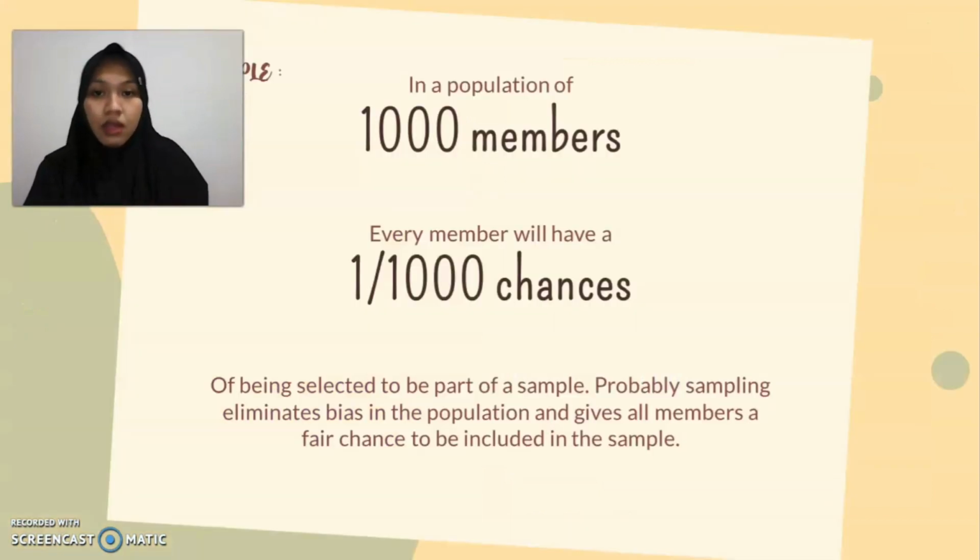For example, in a population of 1,000 members, every member will have a 1 per 1,000 chance of being selected to be part of a sample. Probability sampling eliminates bias in the population and gives all members a fair chance to be included in the sample.